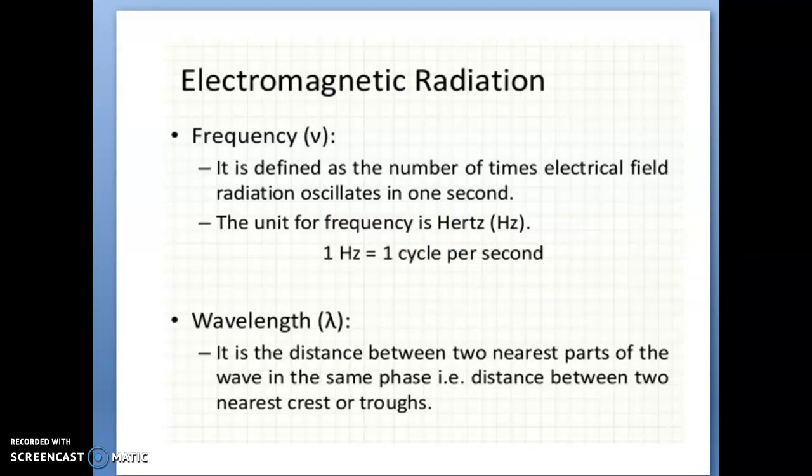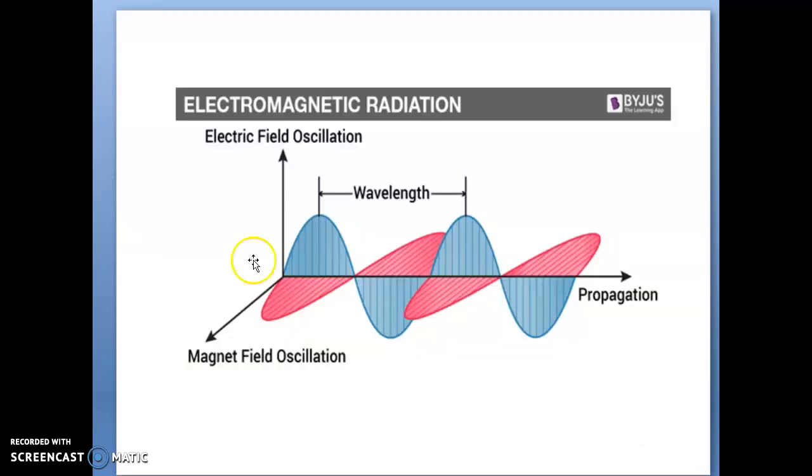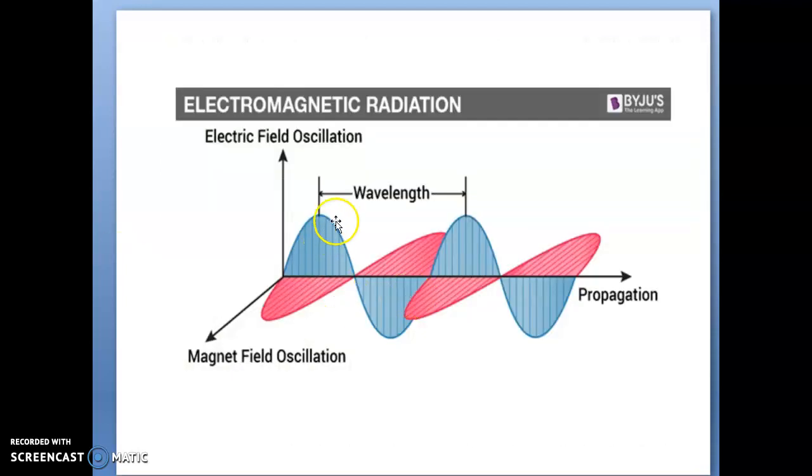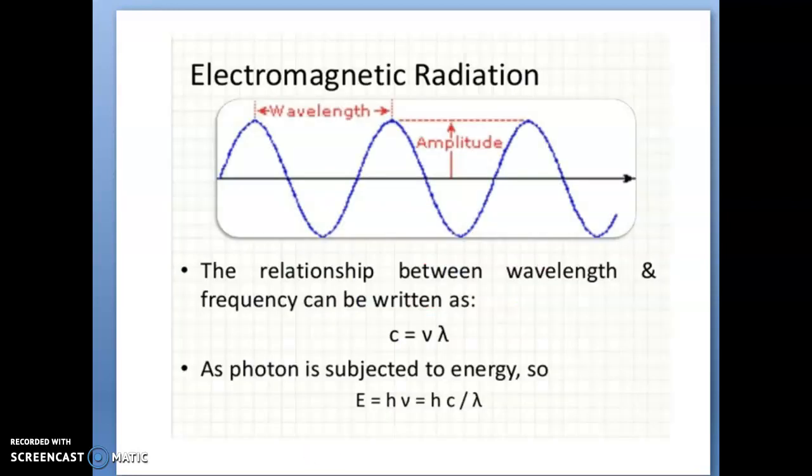The next term we have to know about electromagnetic radiation is wavelength. What is wavelength? It is the distance between two nearest points of the wave in the same phase, that is, the distance between the nearest crests or nearest troughs. You know that this is the crest and this is the trough.